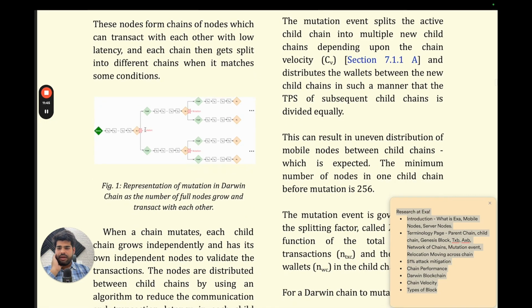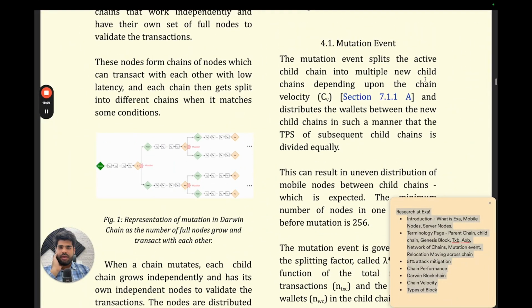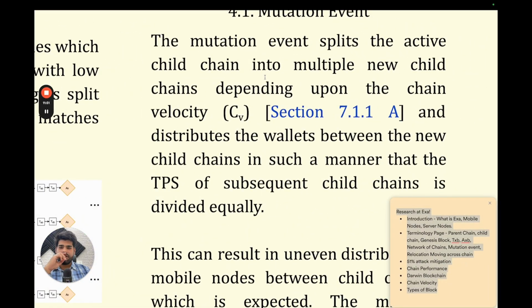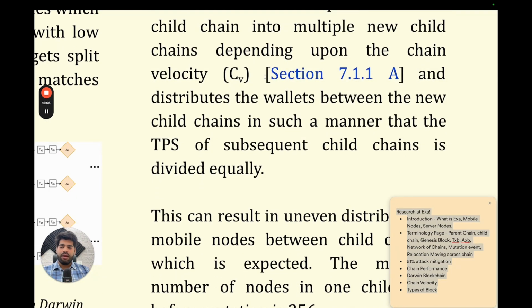This splitting event, which we call mutation, is an event that splits the active child chain into multiple child chains depending upon the chain velocity, like I mentioned before. What the mutation event does is distribute the wallets between the new child chains in such a manner that the TPS of subsequent chains is divided equally.